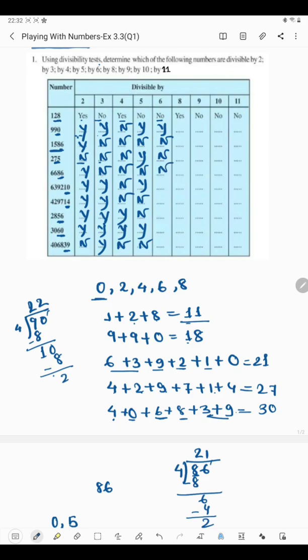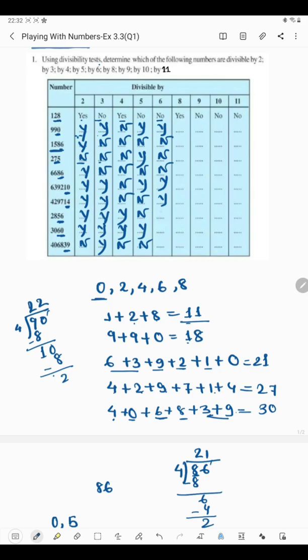So we'll write no. Here in C, it is divisible by 2 and it is divisible by 3 also. Why? Because in both the columns I have written yes. So here also yes, it is divisible by 6. In the next one, 2856, we have seen that it is divisible by 2 as well as 3.